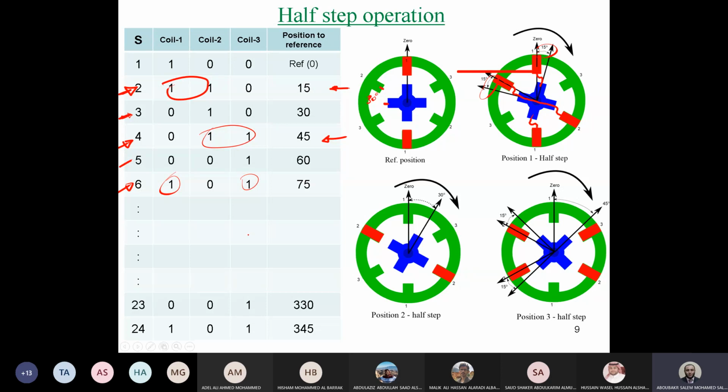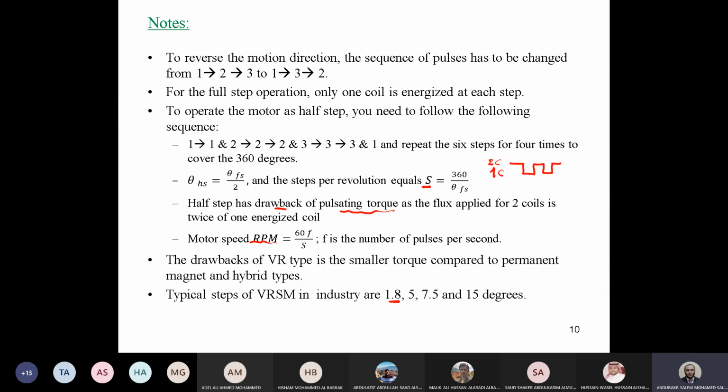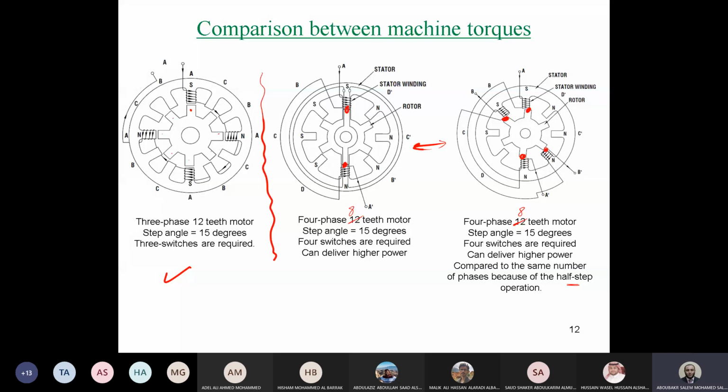So for the same motor, according to your sequence of pulses, you can increase or decrease the power. Based on what? Based on your control now. So here, either operating this at full step or half step, it will be higher in power compared to this design.